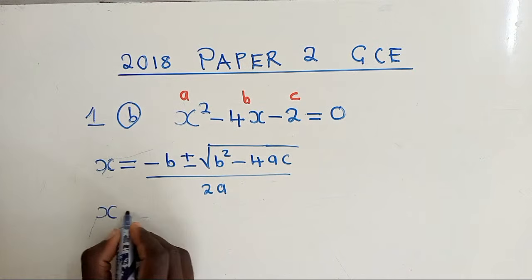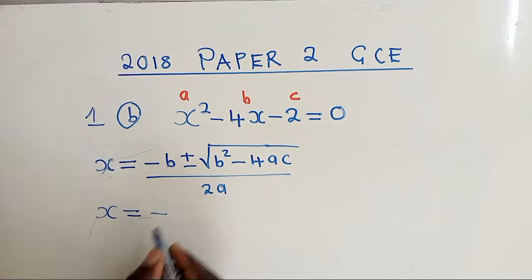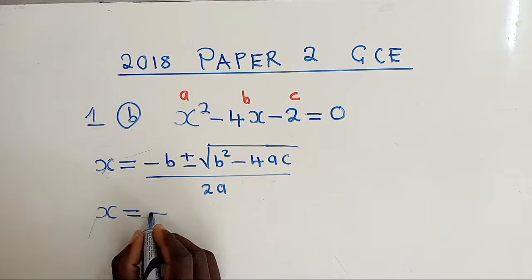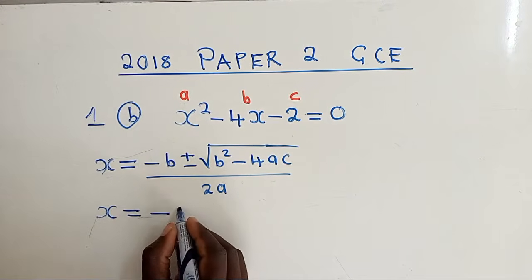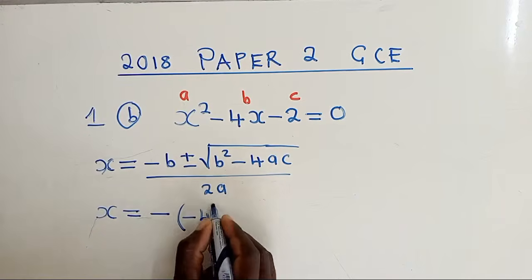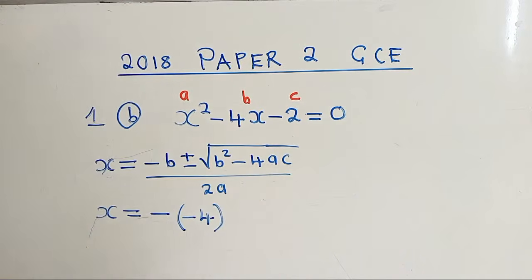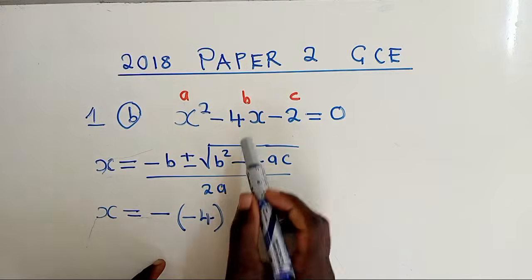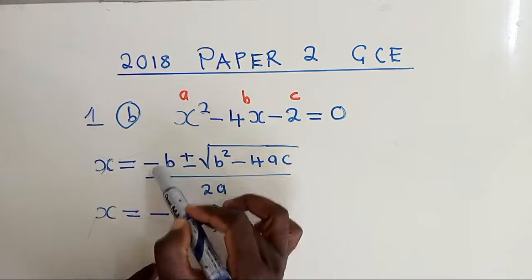We have x is equal to negative, and this is also where you need to be very careful. There's a negative in the formula, negative, open bracket, negative 4 there. Sometimes people forget to write this negative and just write 4.